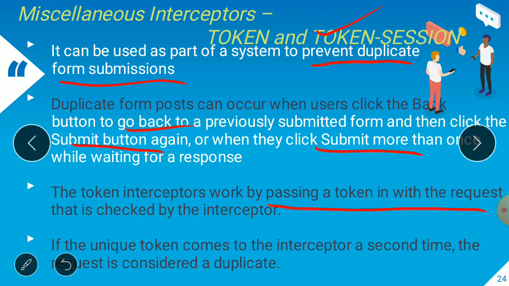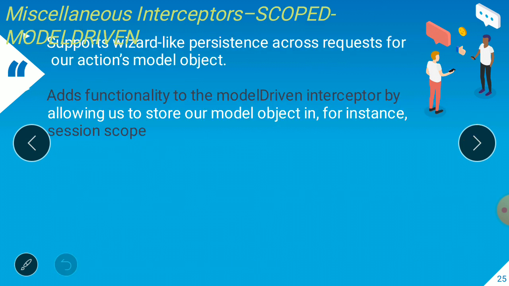So if the unique token comes to the interceptor for a second time, then it considers it as a duplicate. அப்போ அதே token again second time வரும்போது it finds that it is a duplicate. User might have clicked the submit button 2 or more times, or he may go back and come back and then click the submit button again. So ஏதோ ஒரு ப்ராப்ளம் நடந்துருச்சுங்கிறத interceptor identifies. So duplication of submission we can avoid using this interceptor.